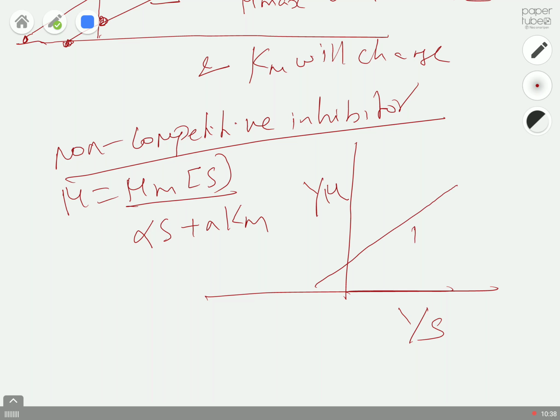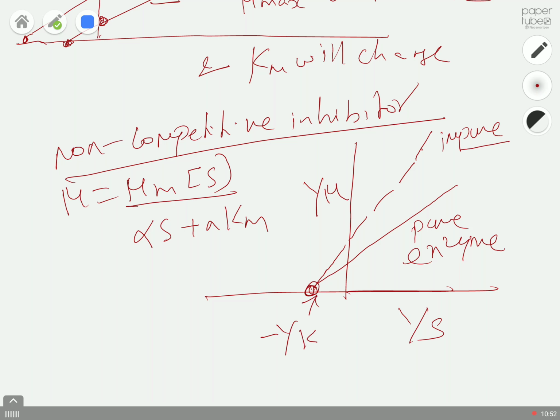This is for your pure enzyme, and for the inhibited one you will get something like that. So this is equal to minus 1 by Km according to the Lineweaver plot. Which means your Km will be constant if it's a non-competitive inhibitor, but your mu max will change because your intercept is different. So these are the ideas you have to keep in mind, and then you have to identify the different type of inhibition mechanism that you are dealing with.